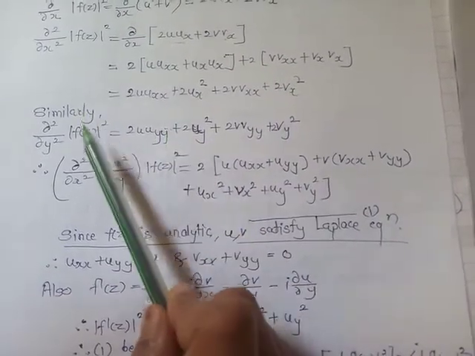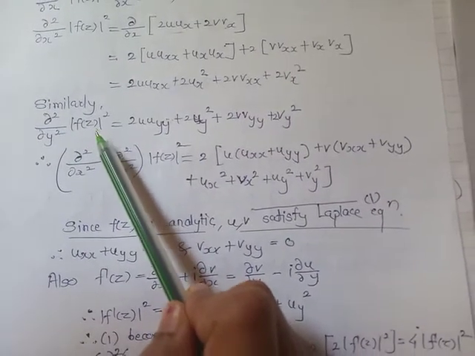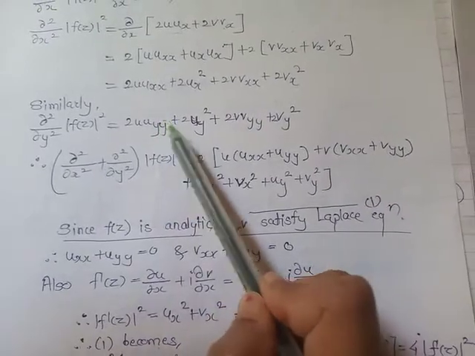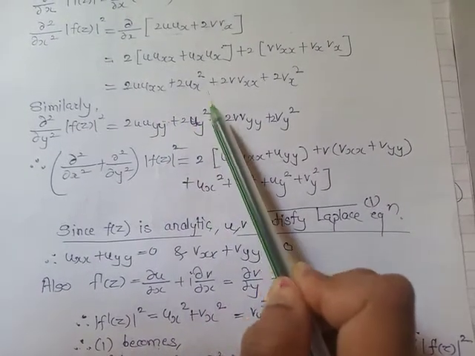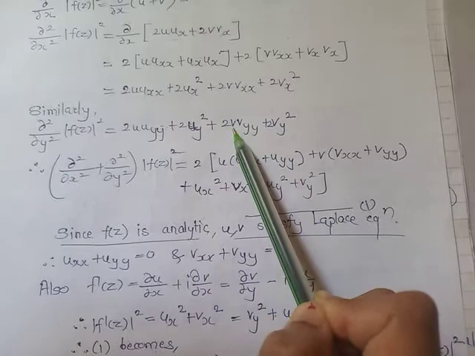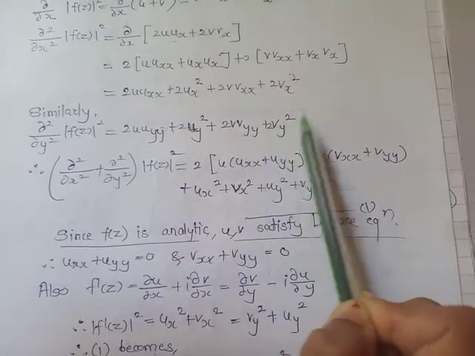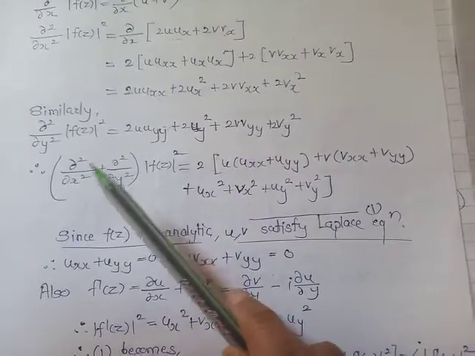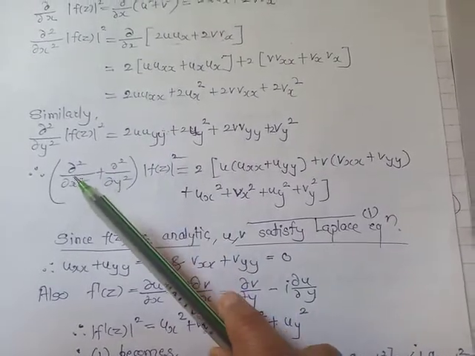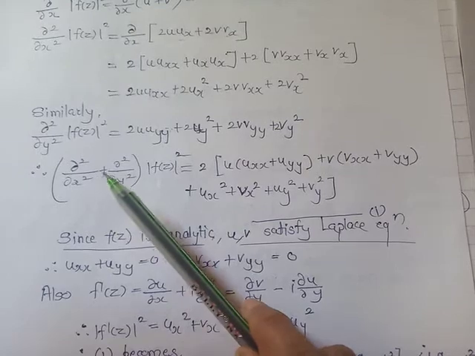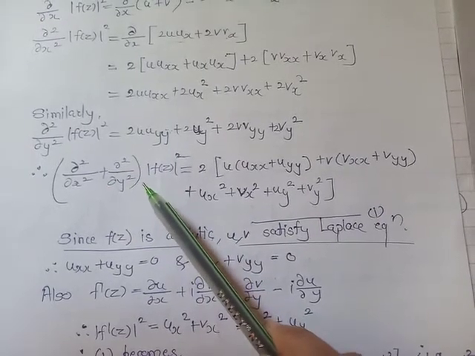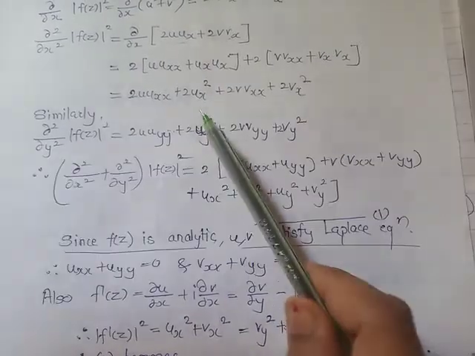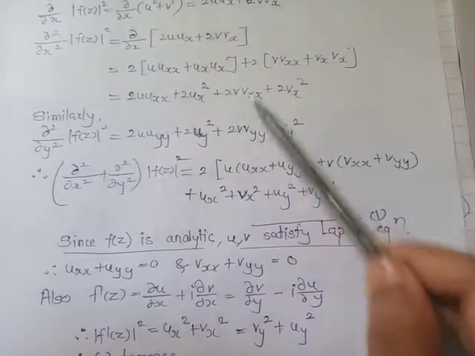Similarly, we can write second order derivative of |f(z)|² with respect to y like 2u uyy plus 2uy square plus 2v vyy plus 2vy square. Now, we can write addition of these two derivatives, ∂²/∂x² plus ∂²/∂y² of |f(z)|², is equal to addition of these two.